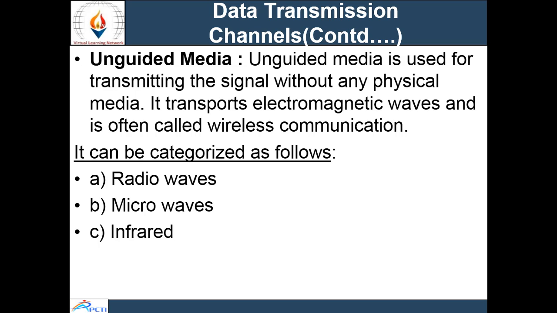Now, microwaves. Electromagnetic waves ranging from 1 to 300 GHz are called microwaves. Microwaves are unidirectional, that is, the sending and receiving antennas need to be aligned. Microwave is by far the most widely used form of radio transmission.